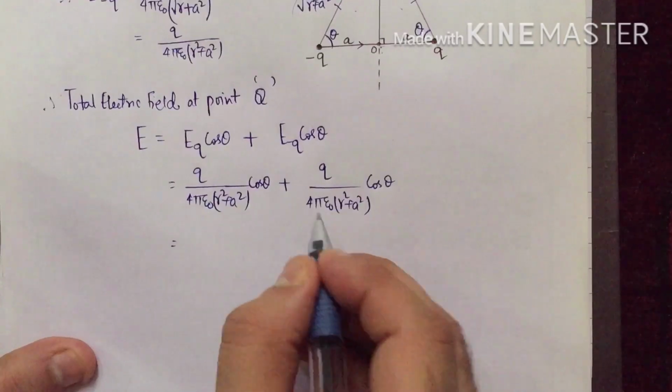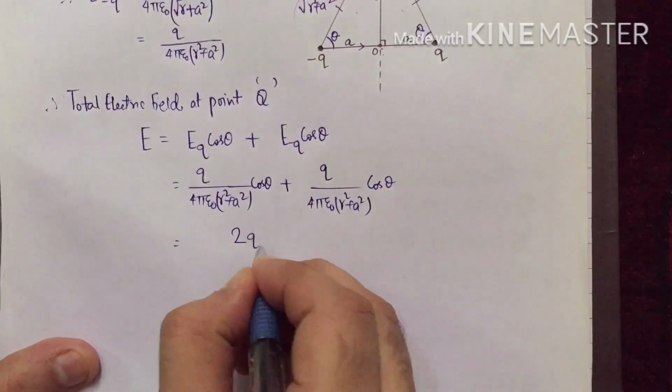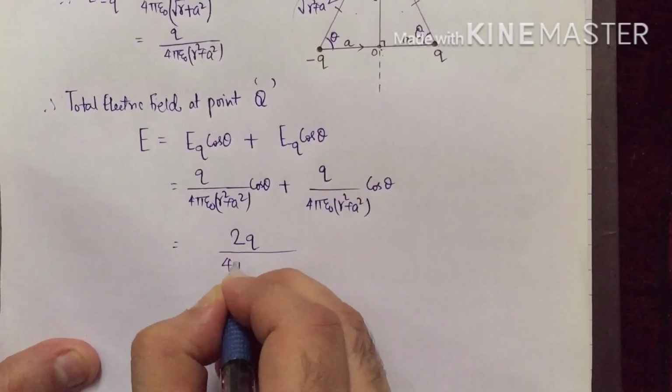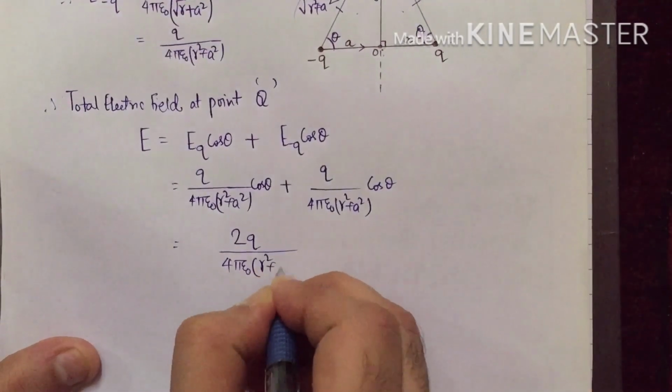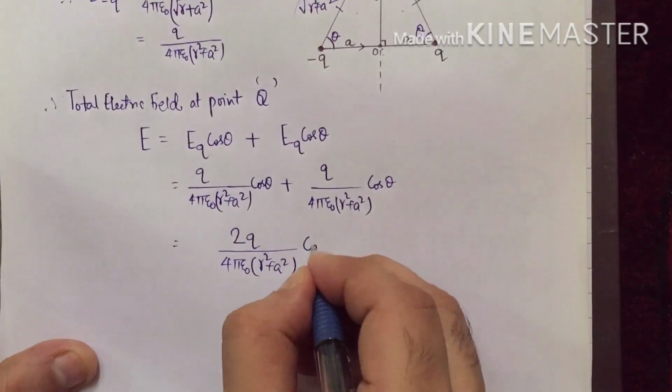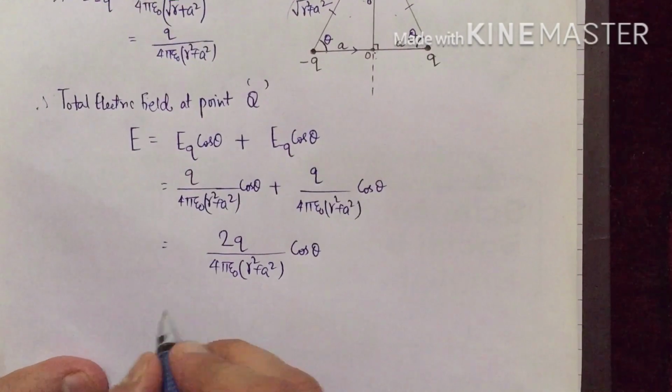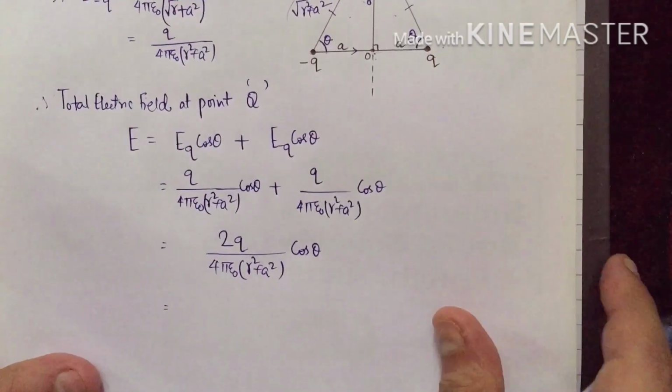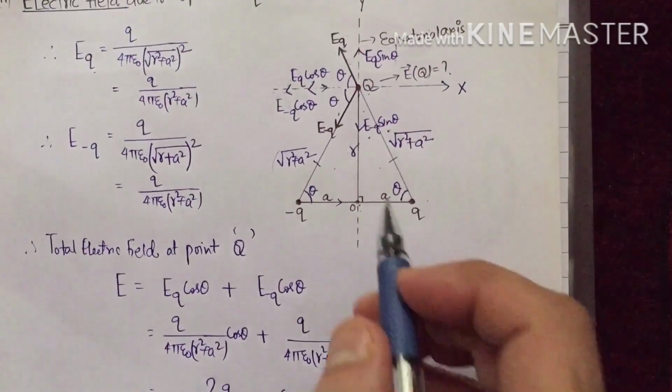Now these two expressions are equal, so we can write 2Q divided by 4 pi epsilon naught (R square plus A square) cos theta. Now we substitute the value of cos theta. In the figure we can get what cos theta is.